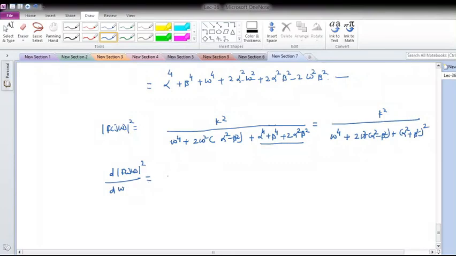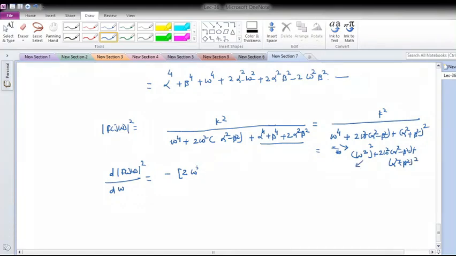So what will this be? This will be minus 2 omega square of first. Because I am differentiating with respect to omega square, I will bring it into this form: omega square its square plus 2 omega square into alpha square minus beta square plus alpha square plus beta square its square, so that it will be easy to differentiate.